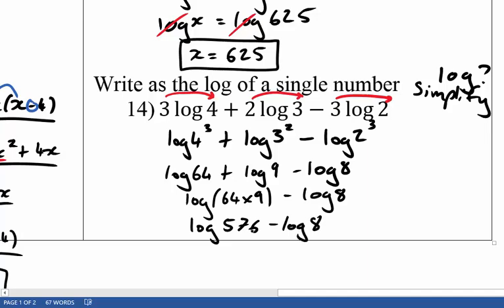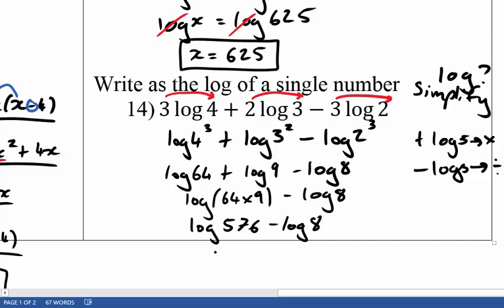To do this, I need to minus two logs, and when I add logs, you times. When you subtract logs, you divide. See how they kind of go together?